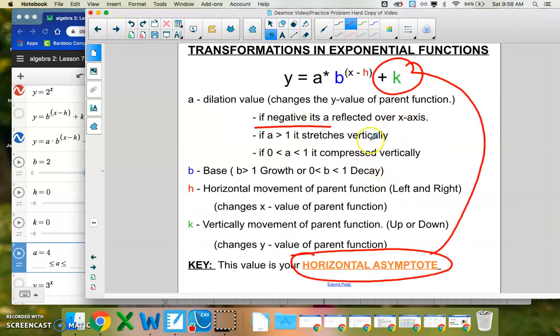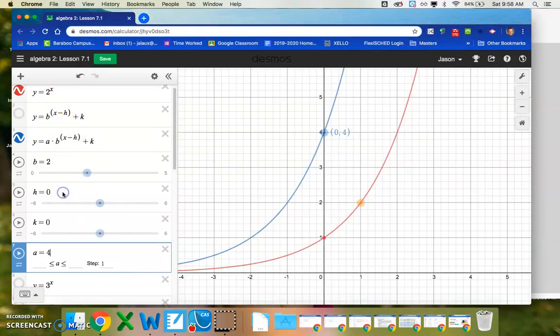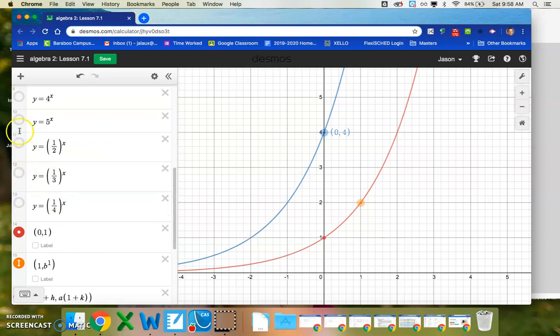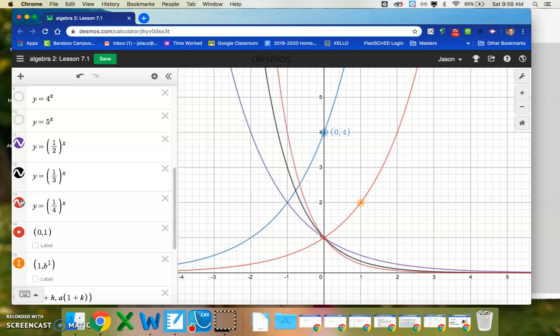You're going to multiply the y value of the parent function when you're changing it. So this is why the parent functions are so important. Knowing the parent function from the original, whether it's 2 to the x, 3 to the x, or 4 to the x. Same thing if it's down here, your parent functions are 1/2, 1/3, 1/4. All they are is the difference in directions that you are traveling.